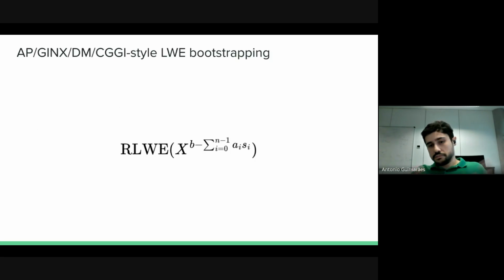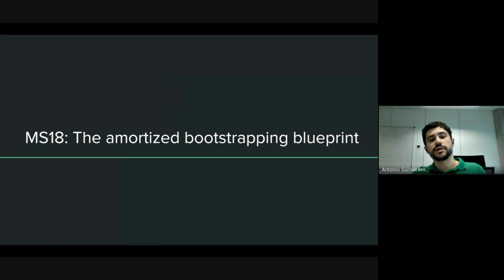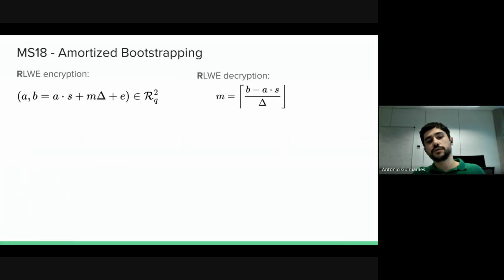So this is basically how the LWE bootstrapping works. When you move to amortized bootstrapping, to MS18, the idea was essentially to evaluate this same AP-style bootstrapping, let's call it, but with RLWE encryptions. In the normal TFHE-style bootstrapping, you compute the decryption equation of an LWE ciphertext in the exponent.